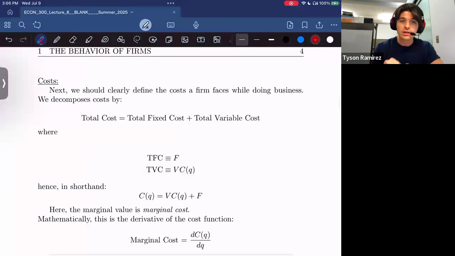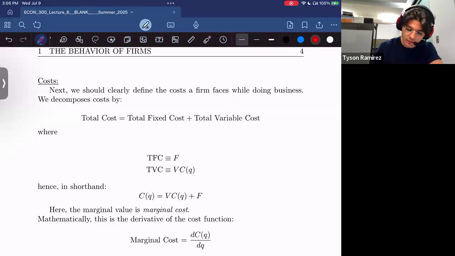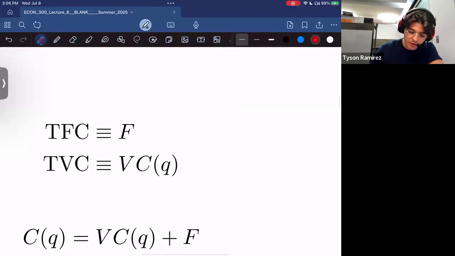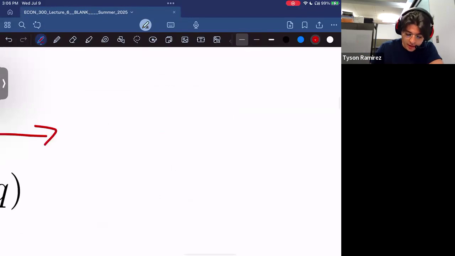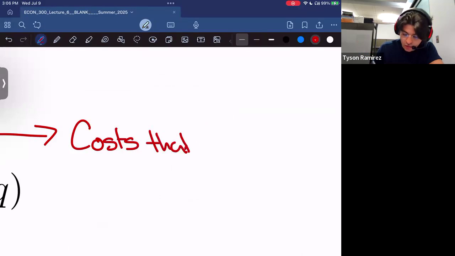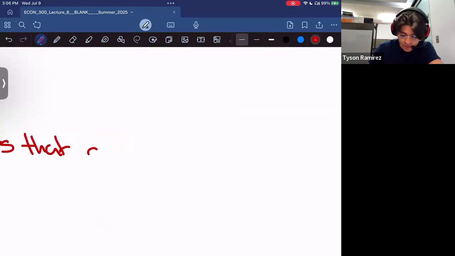What you should have seen in your principles of micro class was that we decompose costs, we lump them into two groups. You have your fixed cost and your variable cost. All right. Your fixed costs are going to be things that, let me write this down actually. Your fixed cost, which we will usually just denote with F, right? Fixed cost is things, or I should say, costs that do not depend on quantity.